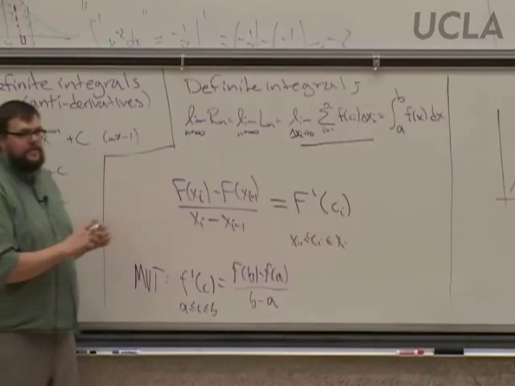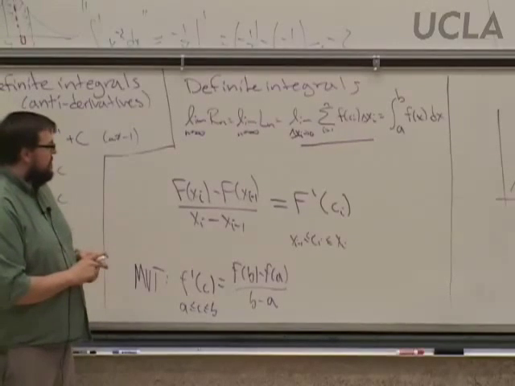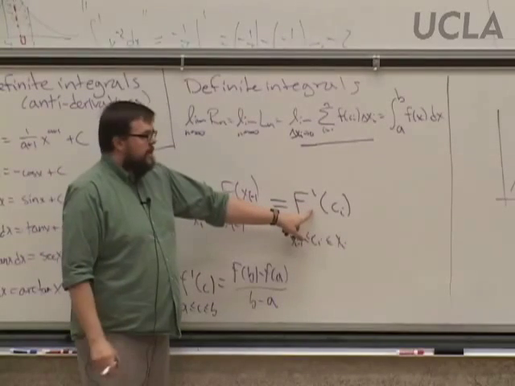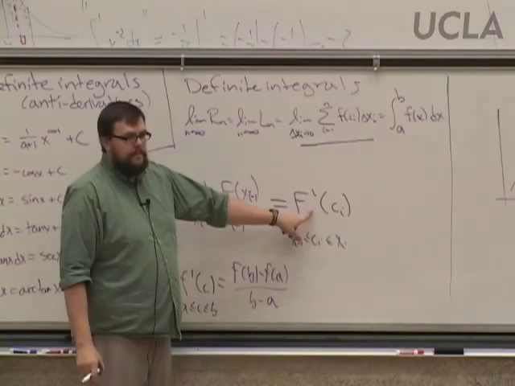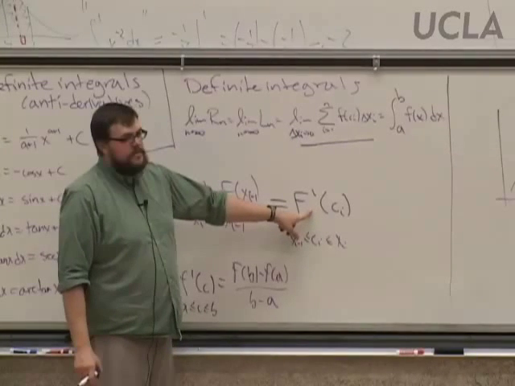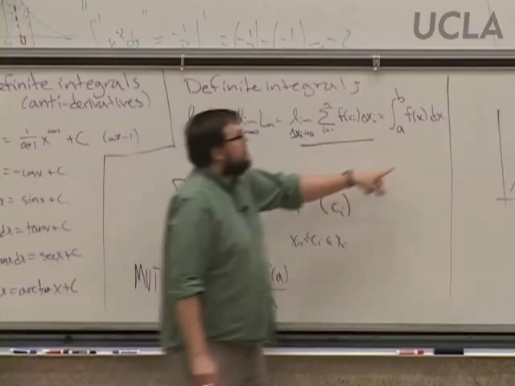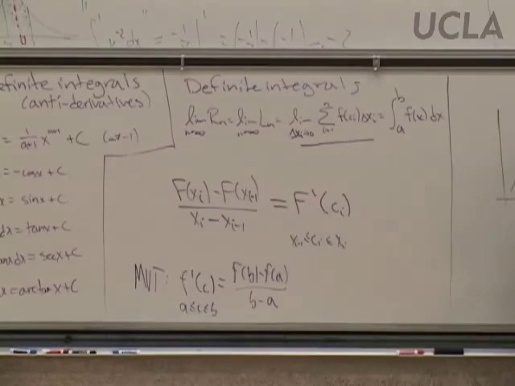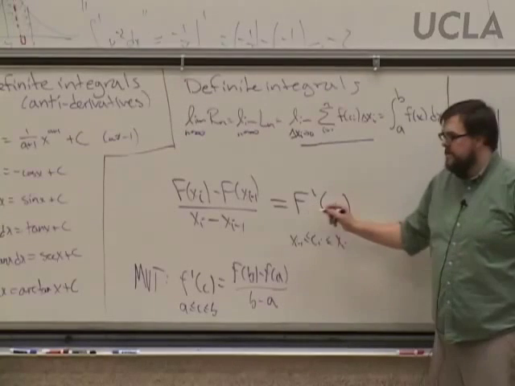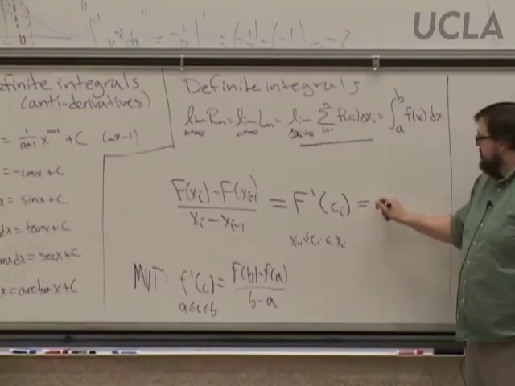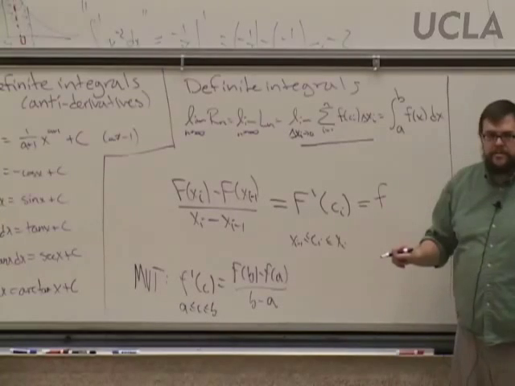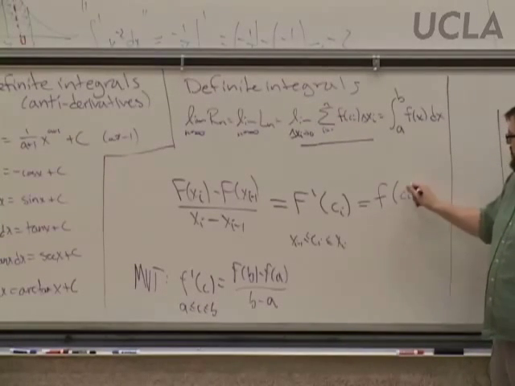Okay, so far, nothing very surprising in the mean value theorem. But what is capital F prime? Where did capital F come from? Capital F of x is the antiderivative of little f of x, and so F prime is little f. I should say big F prime of c_i is little f of c_i.